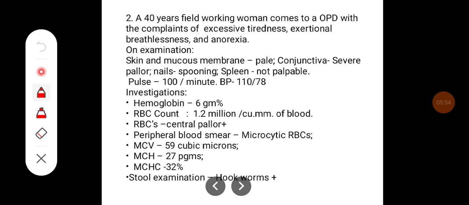Another case where a 40-year-old field working woman comes to an OPD with the complaints of excessive tiredness, exertional breathlessness, and anorexia. Probably this is another case of anemia, because there is excessive tiredness and exertional breathlessness and anorexia.